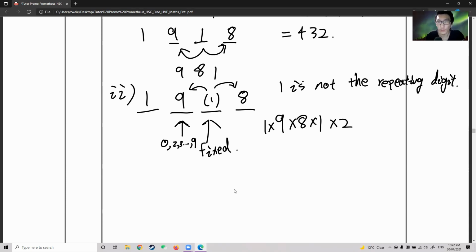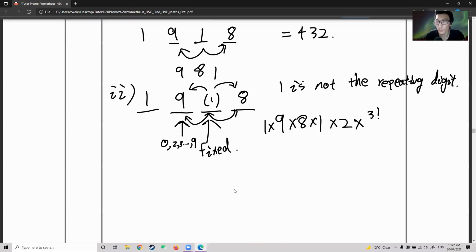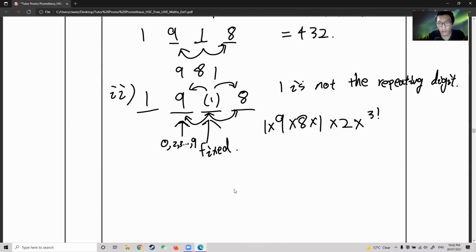Again, we'll have 3 available positions. All 3 can move around. The fixed digit can be at the front, in the middle, or at the end, so times by 3 factorial. However, say the repeating number is 2. So I pick 2 over here as my 9th, and then I'm repeating with my 2, and then I have my 8.